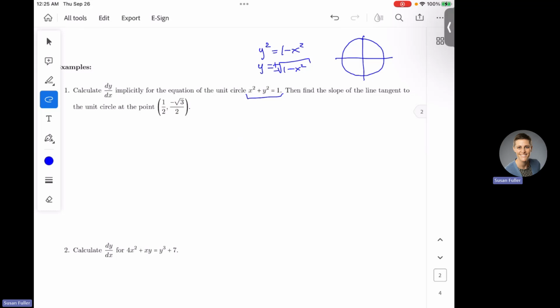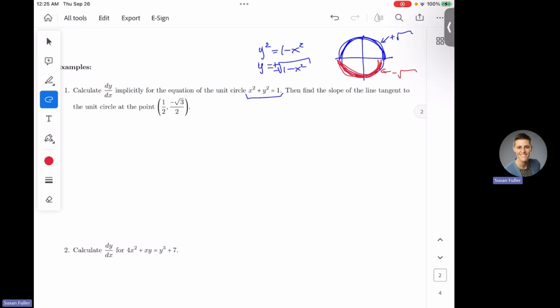The positive square root represents the half of the circle everywhere up here where y is positive. This is what the positive square root gives us, the top part. And then the negative square root gives us this bottom part, right? Everywhere y is negative is down here. That is what the negative square root gives us.